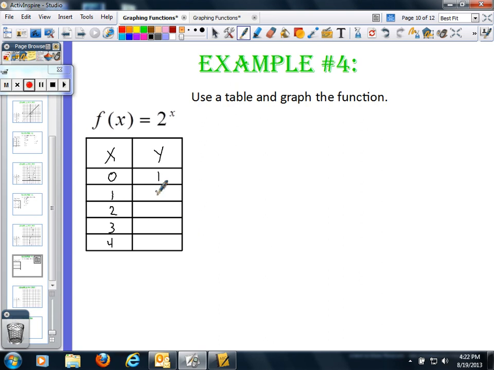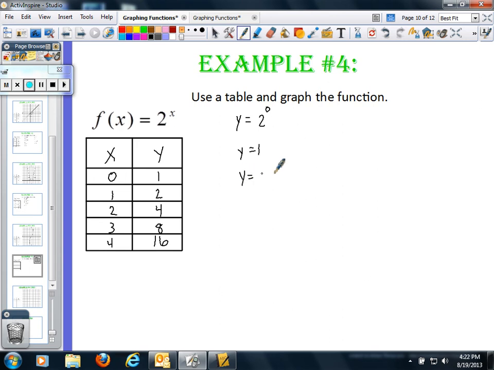Then you do 2 to the first is 2, 2 to the second would be 4, 2 to the third would be 8, and 2 to the fourth would be 16. Okay, so we're going to go ahead and we're going to graph this just like we did the last one. So, and I actually forgot to write these in. So this would be 2 to the 0, which is 1.